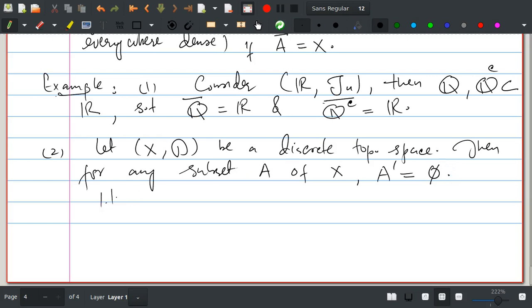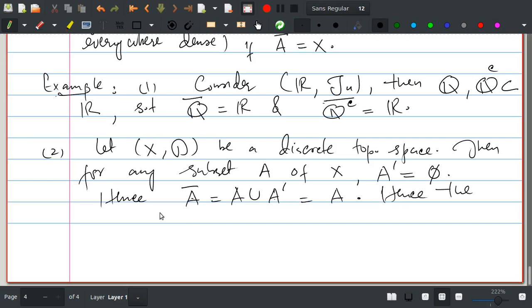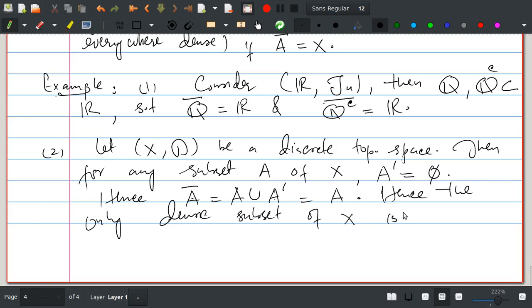So hence, if we look at the closure of A, which is the union of A and A prime, so A prime is actually empty here, so this is actually A. So this means A closure is A. So the only dense subset of X is X itself.